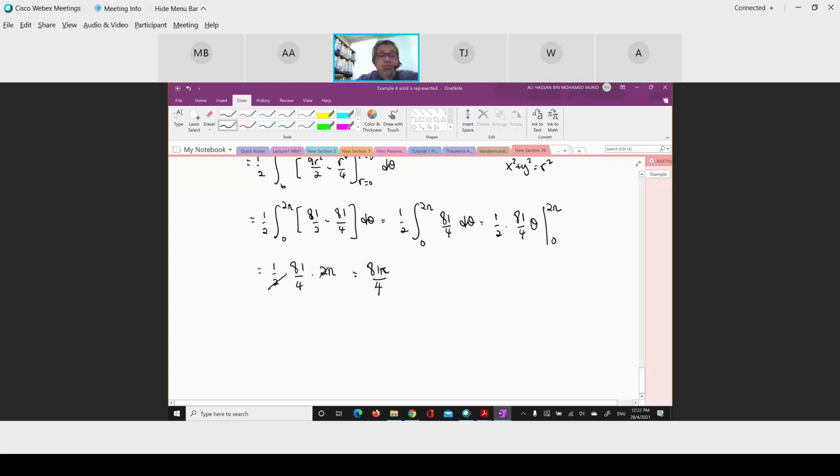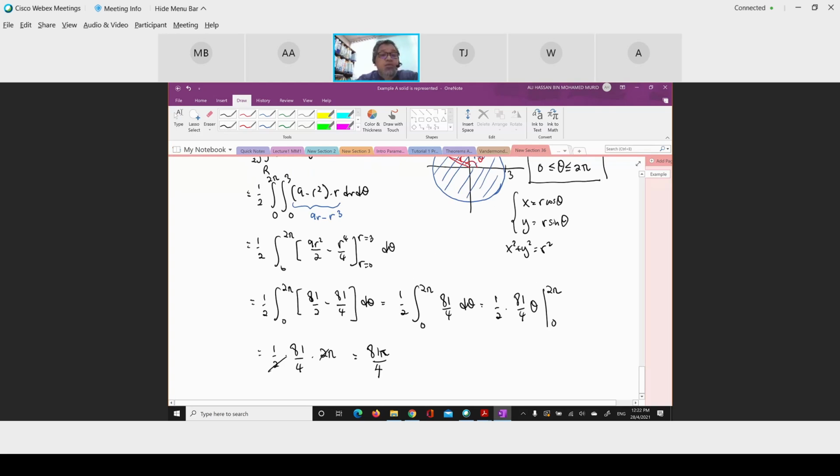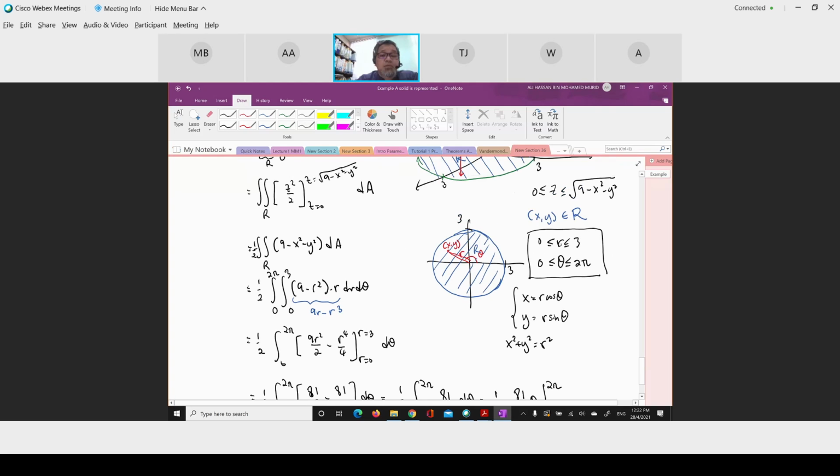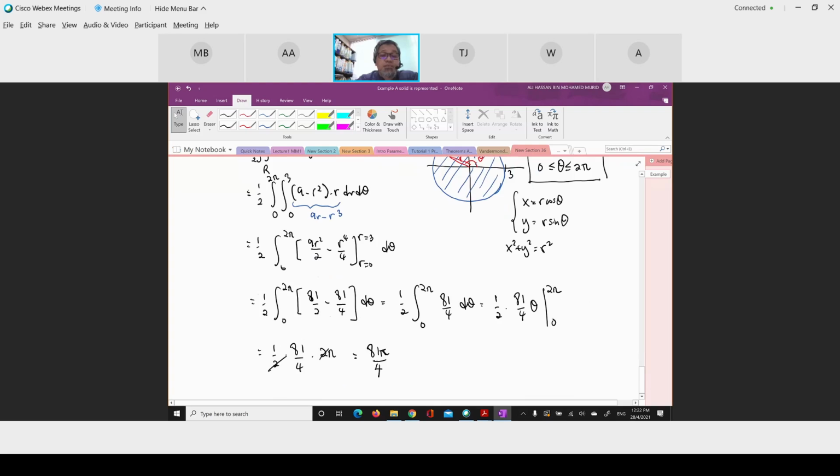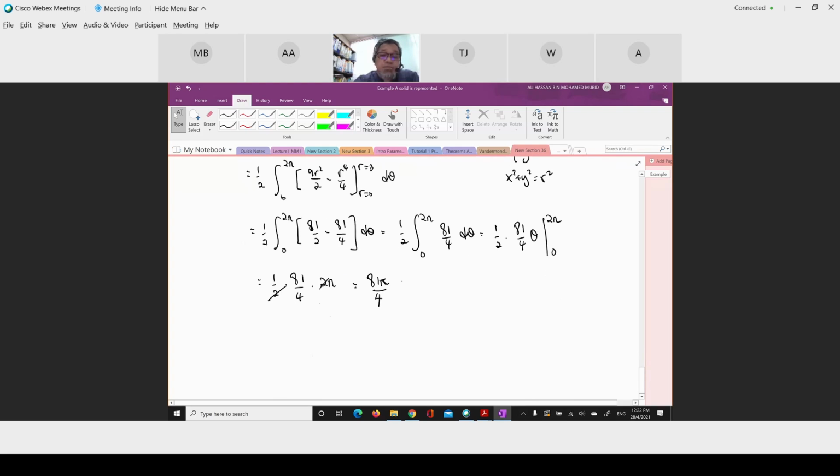Total charge. What is the unit for charge? In electricity, what is the unit for charge? Ohms? Ohms is for resistance. Okay. What is the unit for charge? It is Coulomb.